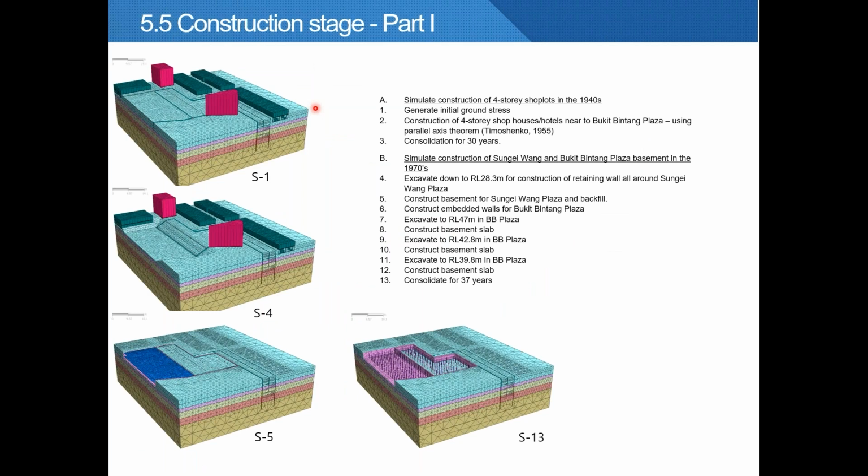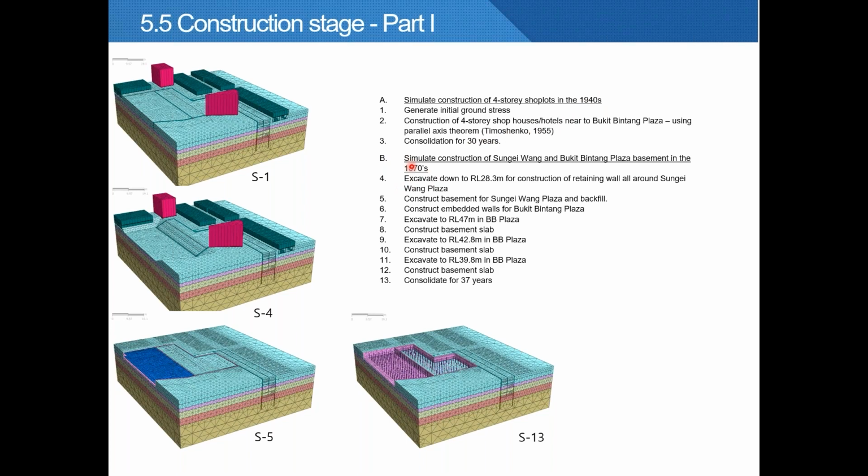Now I'll explain the construction stages. We start by simulating the construction of the pre-war buildings, 4-story buildings, back in the 1940s to get the ground stress correct. Then consolidate the ground for 30 years. And this will bring us to the 1970s.